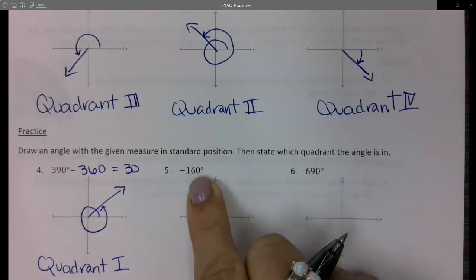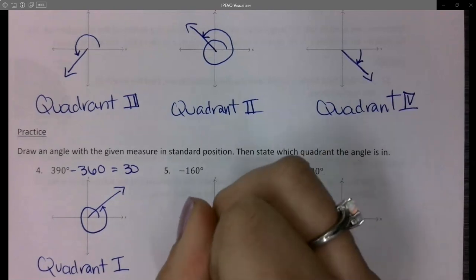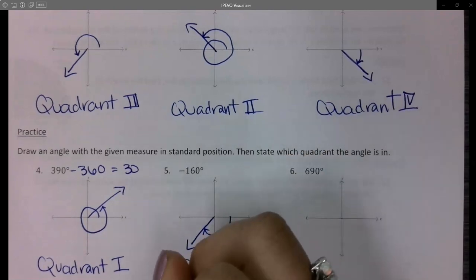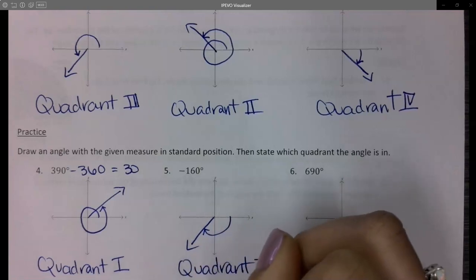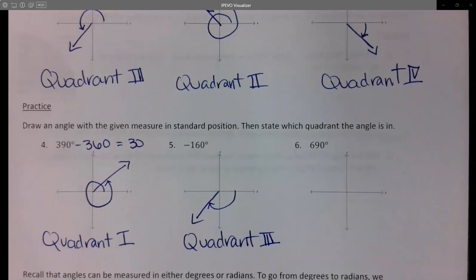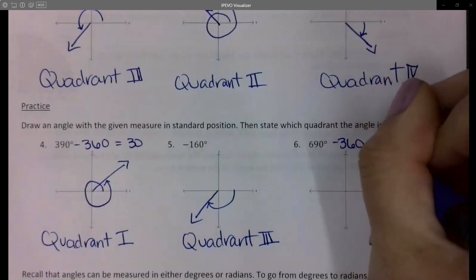On the second one, this is negative, so I'm going to look at my red degrees. This would be between negative 90 and negative 60, which takes me here. This one is quadrant 3. Number 6 is also greater than 360, so I want to go ahead and start off by subtracting 360.